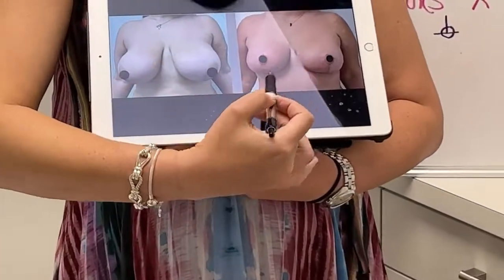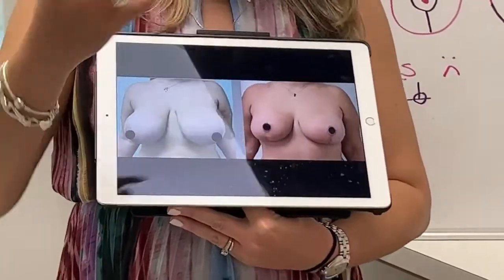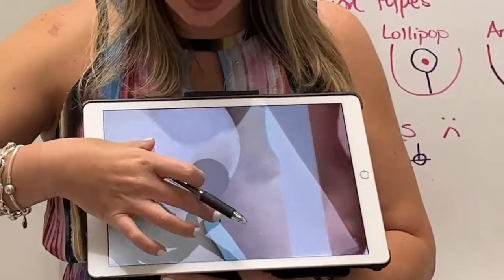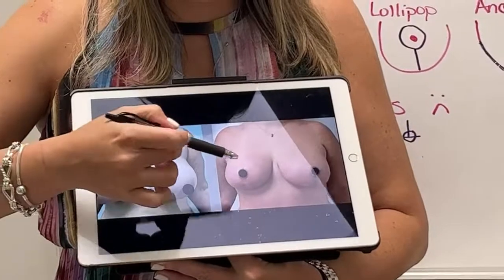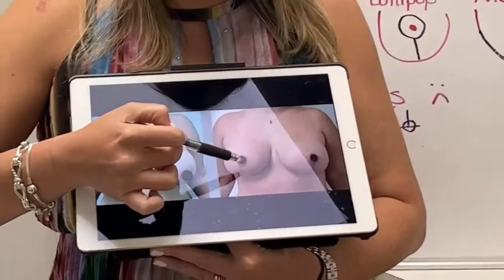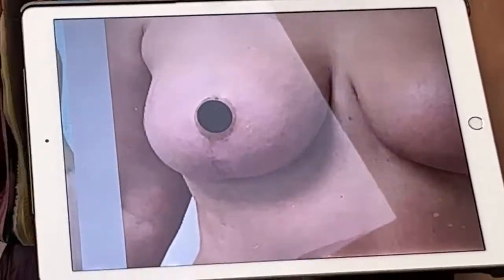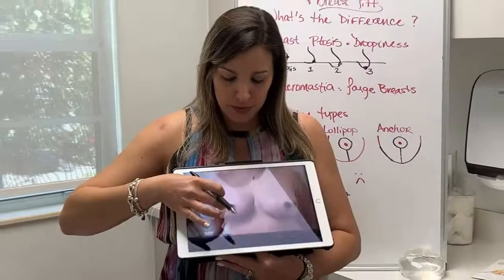When I do a breast reduction, I try to match it, okay? So I remove more breast tissue from the side that is bigger, try to match them up, okay? You can see her areola, it's wide here and more like an oval instead of a circle. So areola size smaller, incision hidden very well in the edge of the areola here, down, and you can't even see the other one, okay?